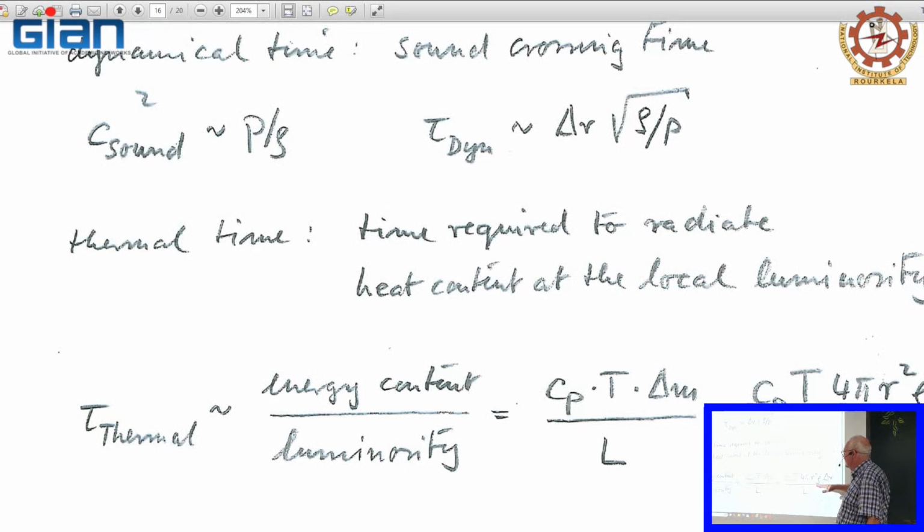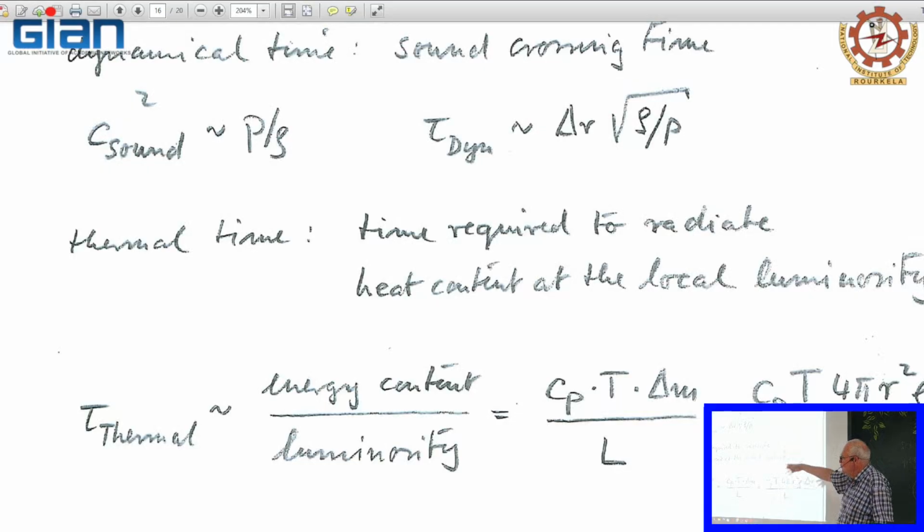Now we have two timescales, a dynamical timescale for our mass shell and a thermal timescale for our mass shell, defined now not for the entire star, but for a thin mass shell within our star. The question is, are these two quantities well defined? These are ill-defined quantities because they depend on a quantity which we cannot determine, which is arbitrary.